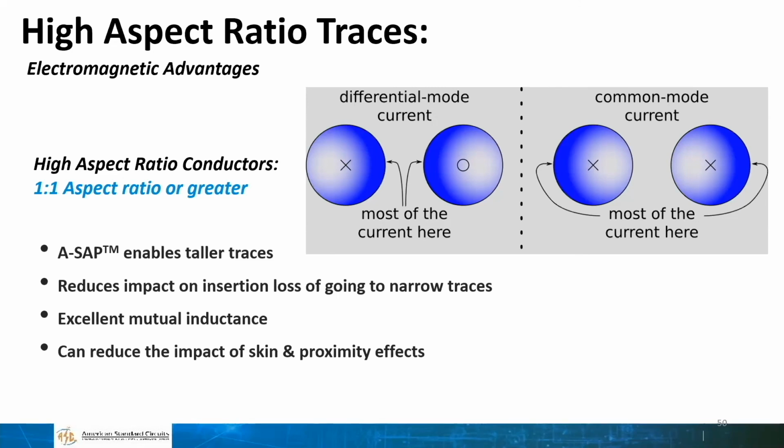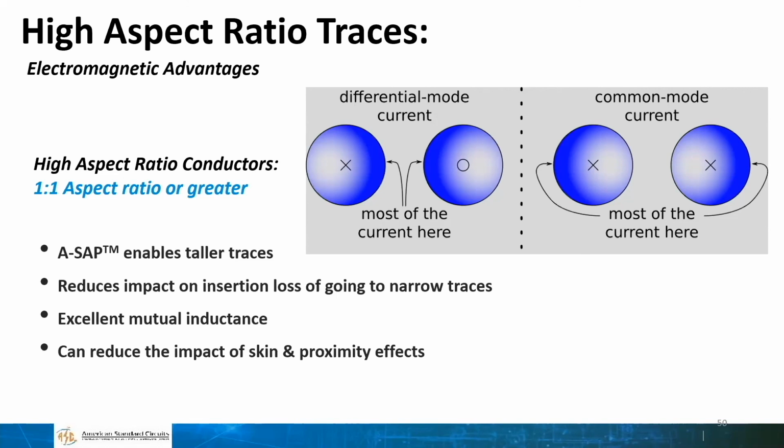The other thing is that you can leverage the fact that the spacing is also narrow by having a very strong broadside coupling. The broadside coupling, which you see there in the blue conductors in the middle, are a differential line where the current runs in opposite directions in those two conductors.